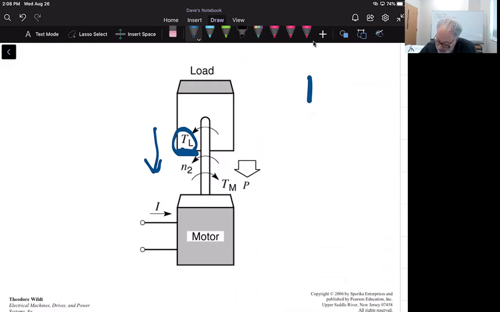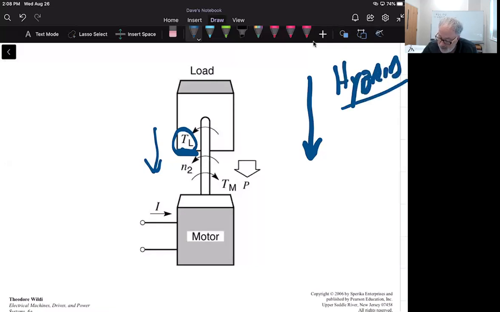And what we can also see here, and this is sort of the basis of hybrid vehicles and other things that we will look at, is that the load is actually inputting power to the motor in this case when its torque is less than that. The situations are all different, even though we're looking at load torques, motor torques, and speed.